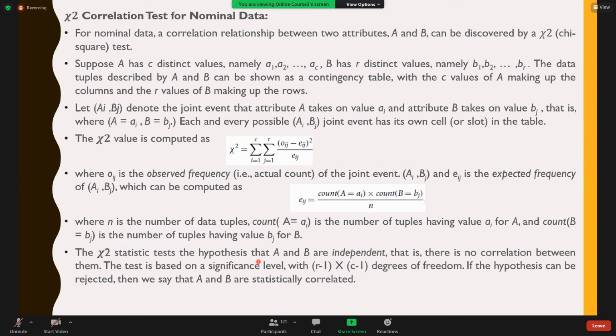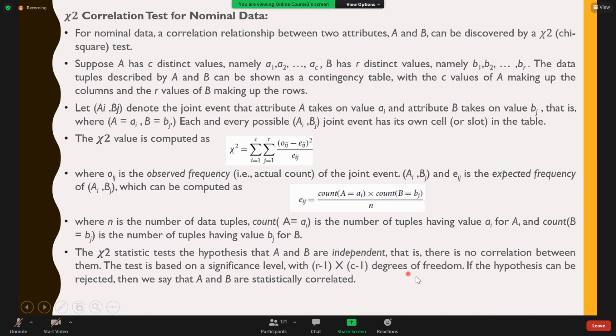So when to accept the hypothesis, and when to reject it? Based on the chi-square value, we'll decide whether the hypothesis can be accepted or rejected. This depends on a value called the significance level and the degree of freedom. You have to remember these two terms.